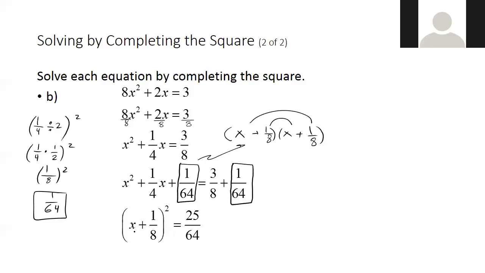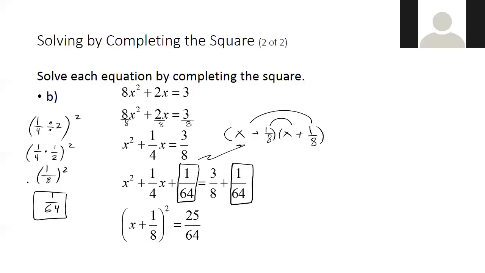Okay, so on the left-hand side, you get x plus 1/8 squared, and then these two, of course, we need to add them up, right? What's the LCD here? The LCD between 8 and 64 is 64. You have to multiply this by 8.